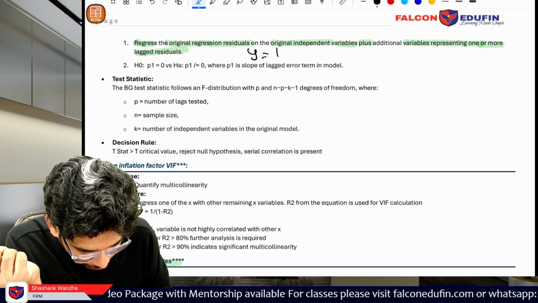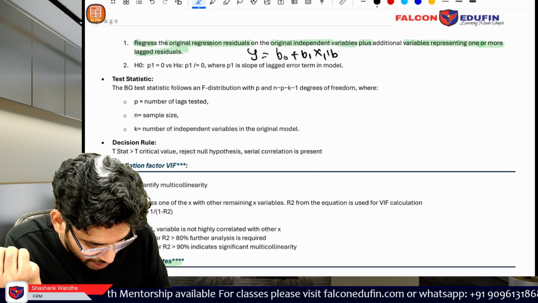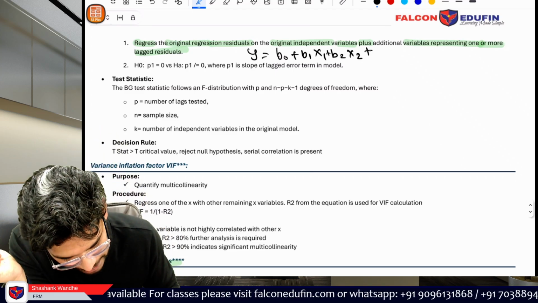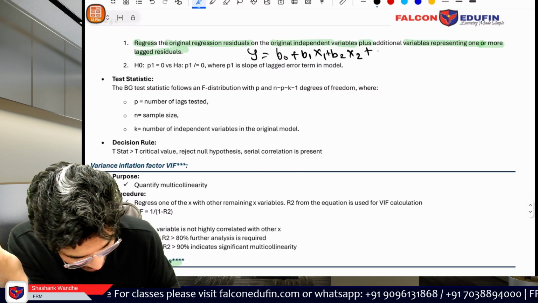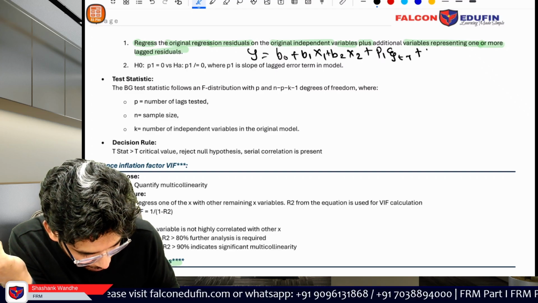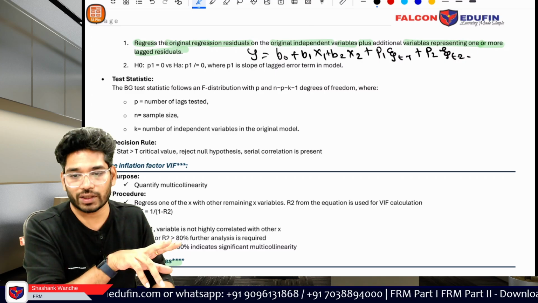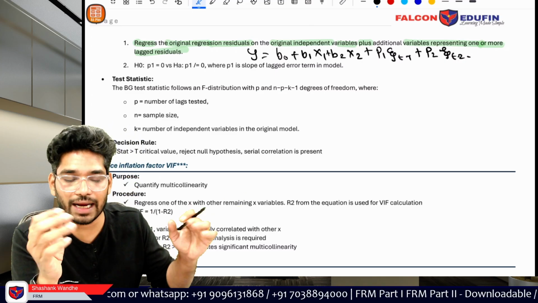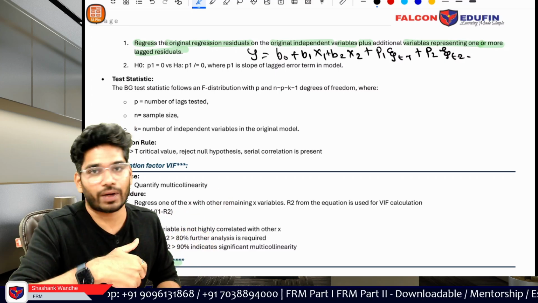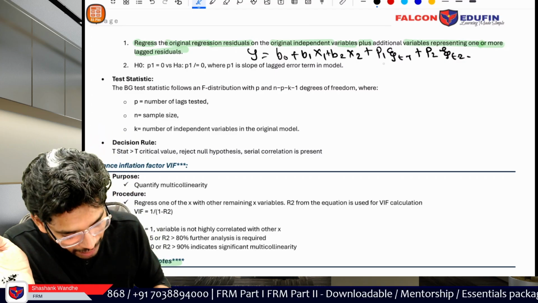This model will look like y is equal to b0 plus b1 x1 plus b2 x2, assuming these are from our original model, plus you have, let's say, p1 error term t minus 1 plus p2 error term t minus 2. So we are taking the lagged values here. We are taking 2 or 3. You can take like 10 lagged values, no problem. But here we are taking more than one, because if you have only one lagged value, then you can easily do that with the DW test, Durbin-Watson test. But here we are taking the 2 lag values.